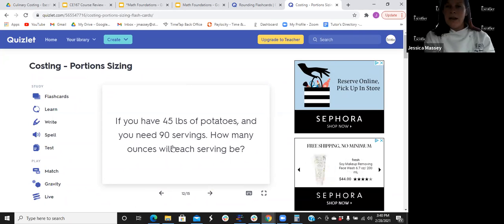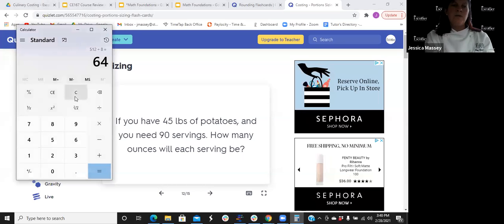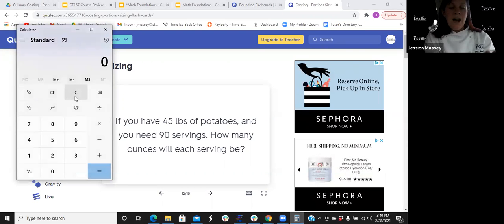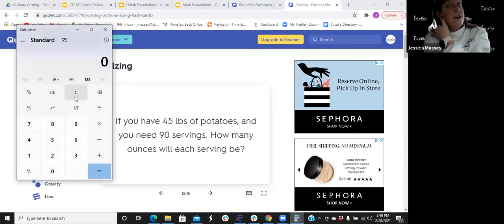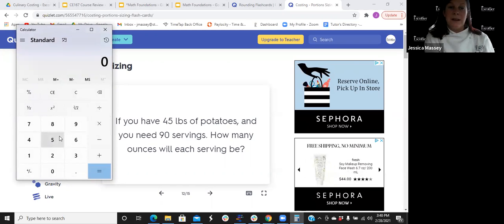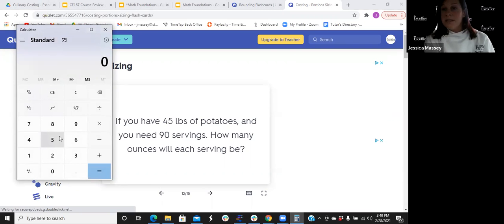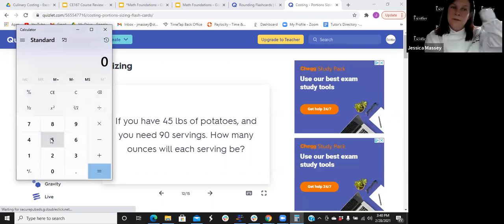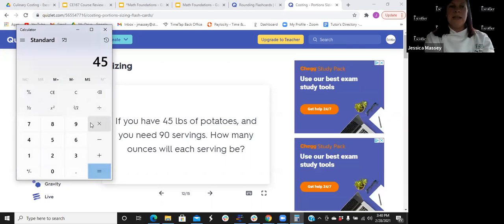You know you need 90 servings. You know you have 45 pounds. And again, the final answer we want in ounces. I'm not asking you how many pounds each serving will be, I'm asking how many ounces each serving. So your first step, again, take your 45 pounds, times that by 16 to get how many ounces we have.